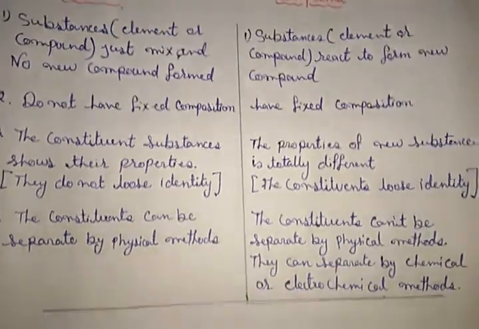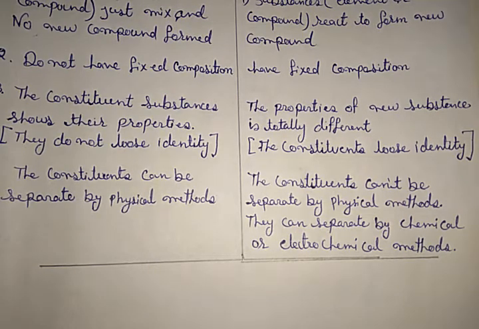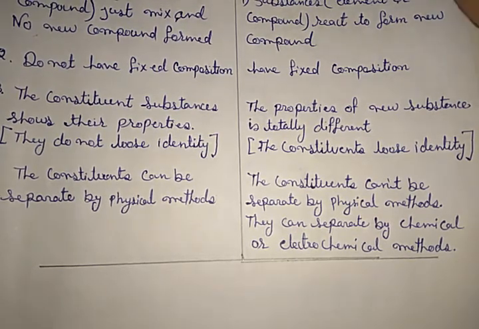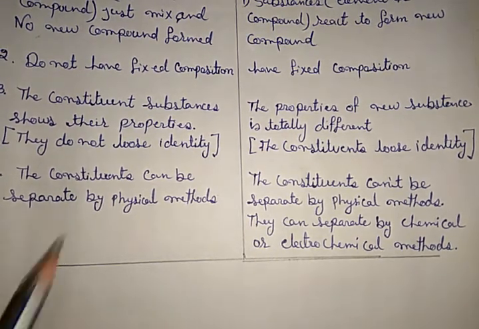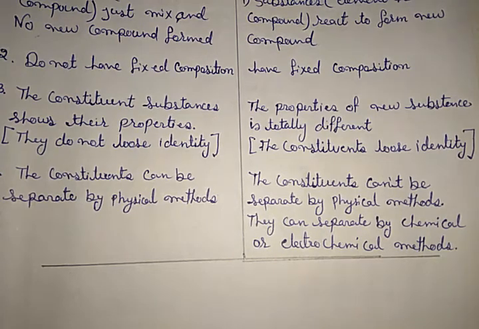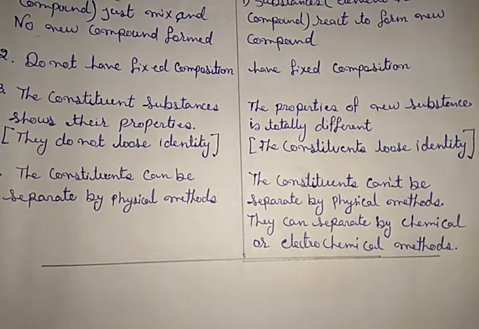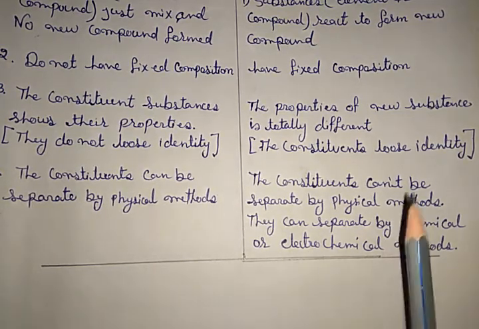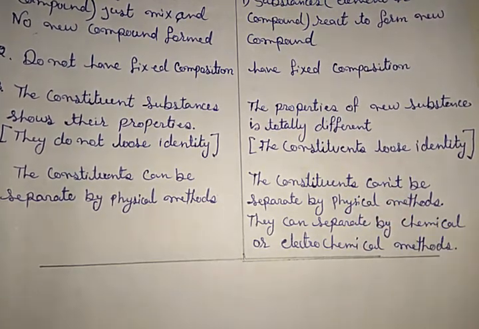Now the fourth, in a mixture the constituents can be separated by physical methods. The components can be separated by physical methods very easily. For example, if we apply the magnet, then the iron is separated and the sulfur remains. Similarly, if we dissolve in carbon disulfide, the sulfur dissolves and the iron remains undissolved, so we can easily separate them. But in a compound, the constituents cannot be separated by any physical method.